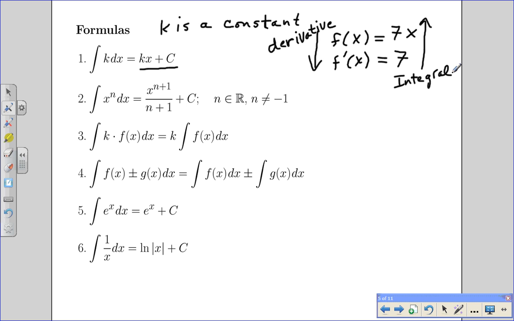So it's just a question of which direction you're doing the operation. We had a basic power rule for derivatives.